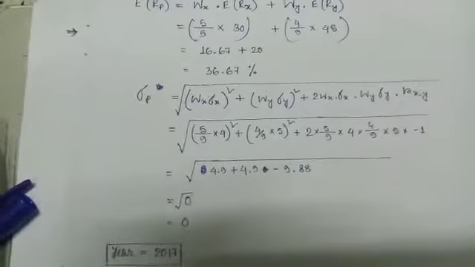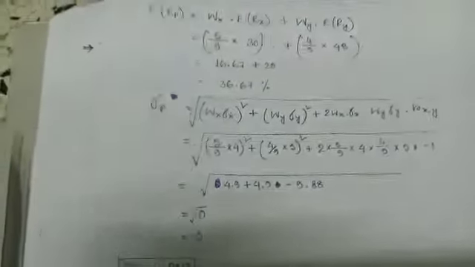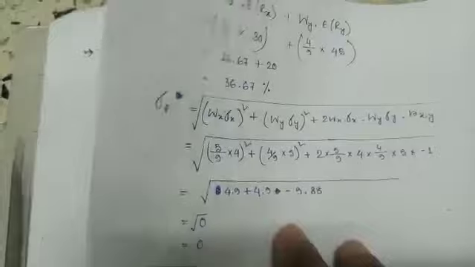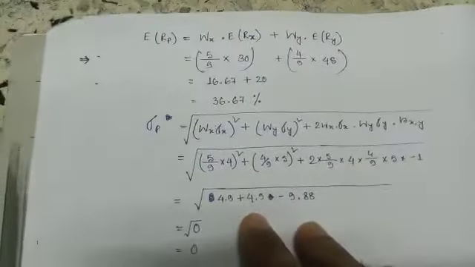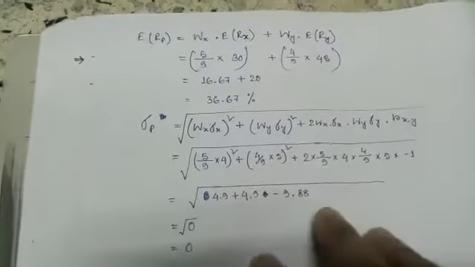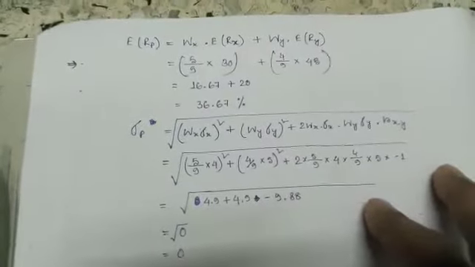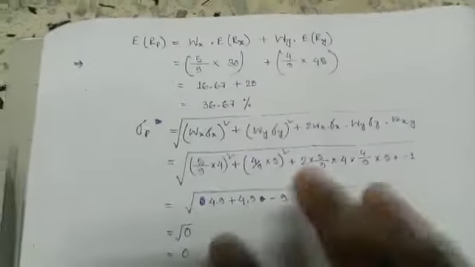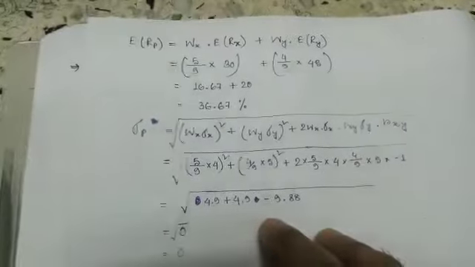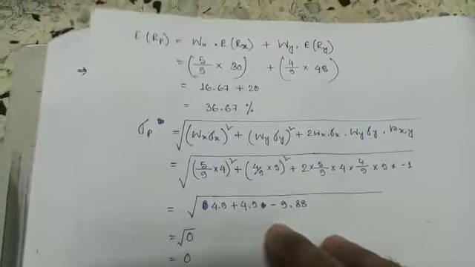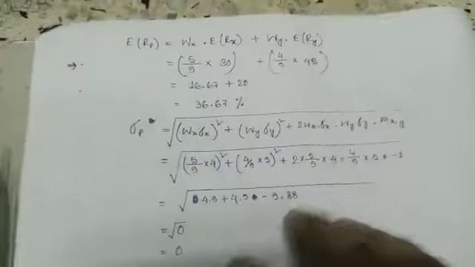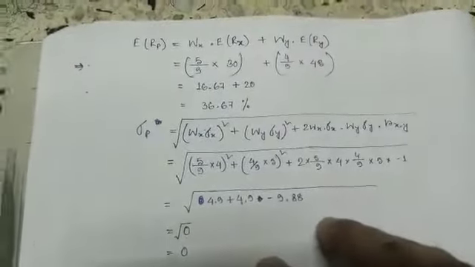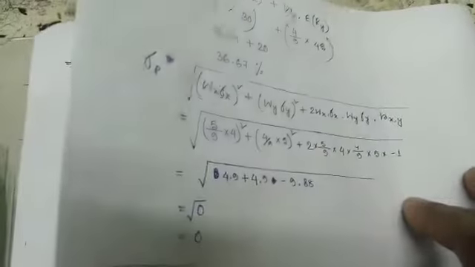So the risk of the portfolio comes to 0, and we know that whenever the two securities from which the portfolio is constructed are perfectly negatively correlated, if the weights of these two securities are calculated in the proper way, then we can reduce the portfolio risk to 0.